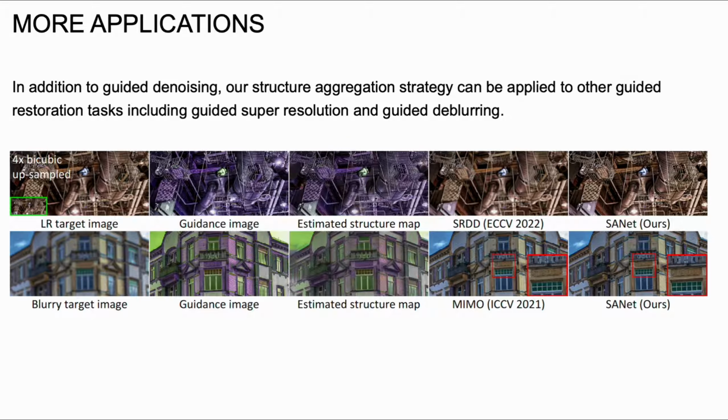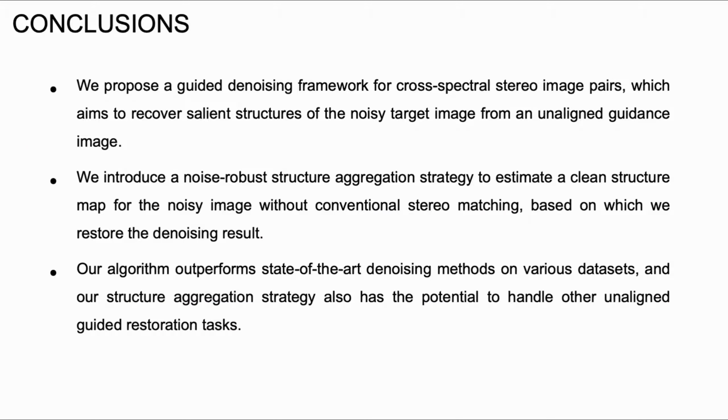In addition to guided denoising, our structure aggregation strategy can also be applied to other guided restoration tasks including guided super-resolution and guided deblurring, and thus has the potential to handle a wider range of application scenarios. In a word, in this work, we explore the guided denoising model in the unaligned situation and introduce a noise-robust structure aggregation strategy to take advantage of the unaligned guidance information, which definitely improves the applicability of guided denoising in practical applications.